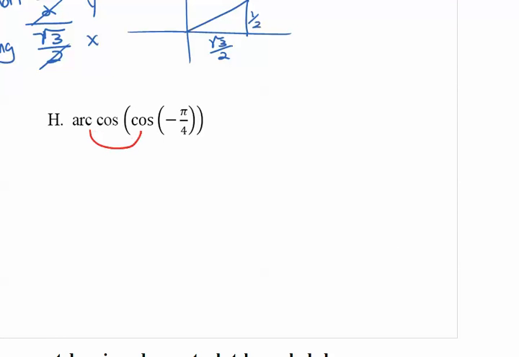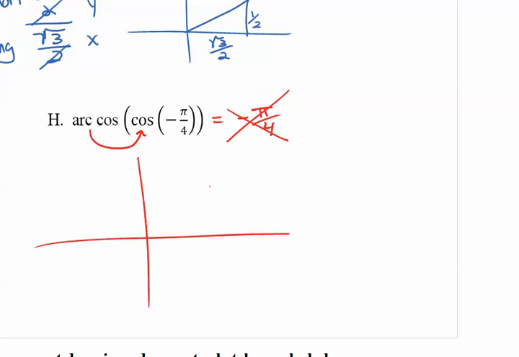All right. And we have a similar situation in, if I don't scroll too far, H, where we're doing arc cosine of a cosine. So again, I hope your first instinct is to say they must cancel each other out, but this is not in the restricted region. Remember, for cosine we are restricted to 0 to pi, quadrants 1 and 2. So think what we're asked to do here. We're looking for the inverse cosine of cosine of -pi/4.